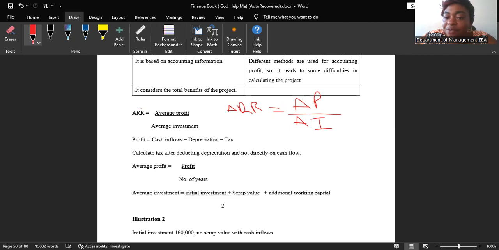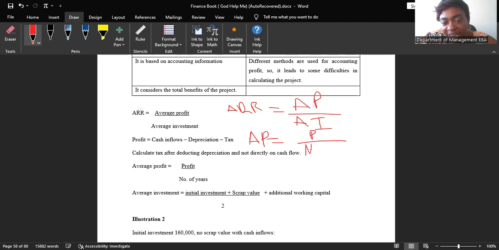Now we have to get average profit. How do we get average profit? Average profit is equal to profit over number of years.